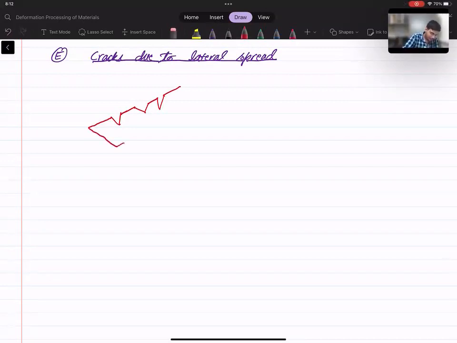Suppose this is my workpiece, so various cracks will appear here. So these are the edge cracks.